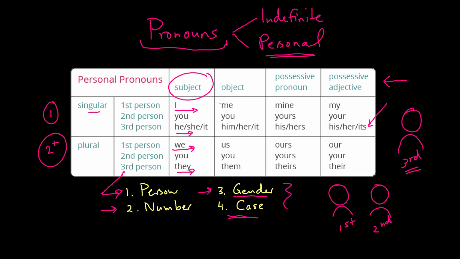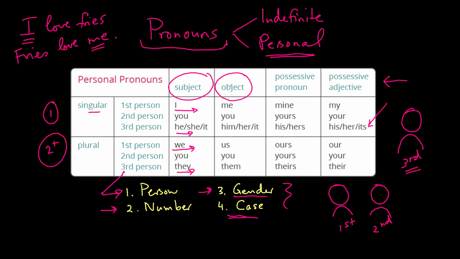If you were to say, for instance, I love fries, which is definitely true for me, then I would be in the subject position. If you were to say, well, I guess we can switch it around. We could say, fries love me. If you want to put the blame on the fries, then in this case, me is in the object position. In other words, it receives the action of the verb.